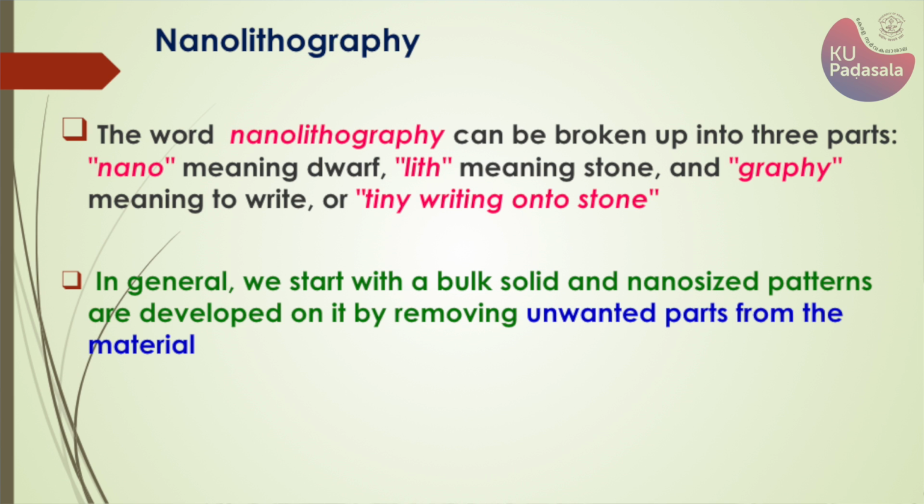Thus nanolithography, or simply lithography, represents writing onto stone. In general, in the nanolithography procedure, we start with a bulk solid and nano-sized patterns are developed on it by removing unwanted parts from the bulk material.